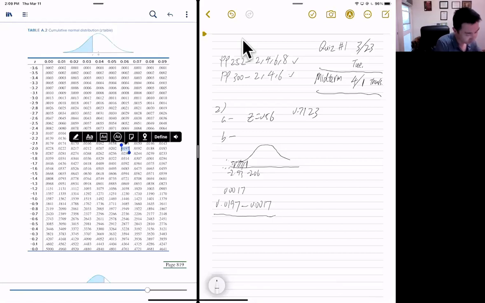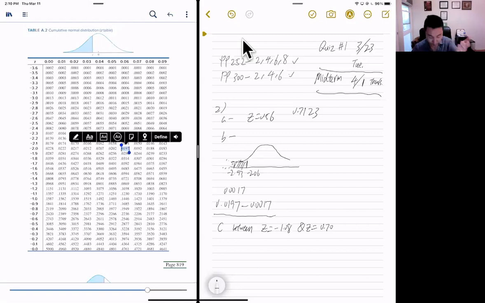Part C is also between two values. To save some time going back and forth between page 253 and table 8.2, I'll just tell you part C is asking between Z of minus 1.08 and positive 0.7.